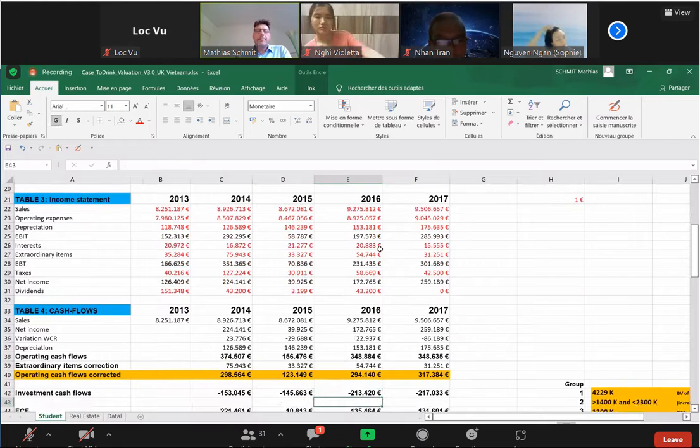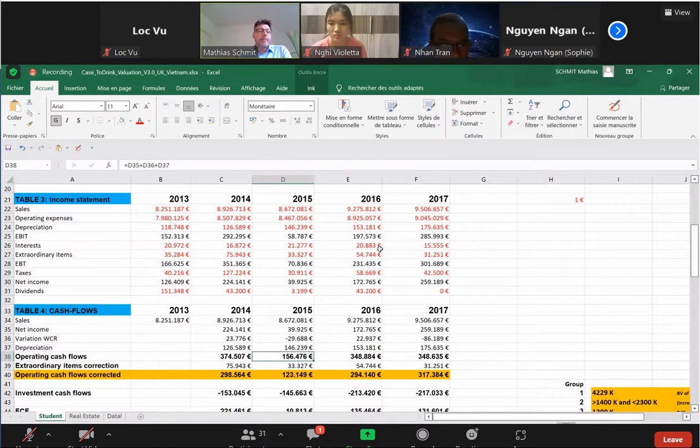In fact, what I did, I calculated the free cash flows, so the operating cash flows, you see, is the first thing that I calculated.